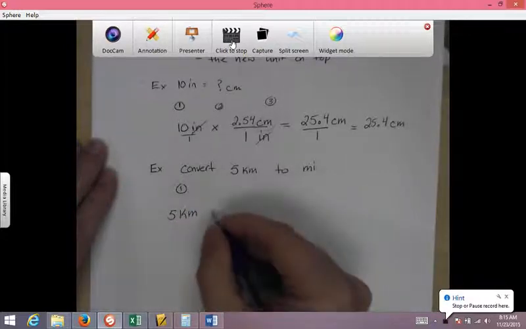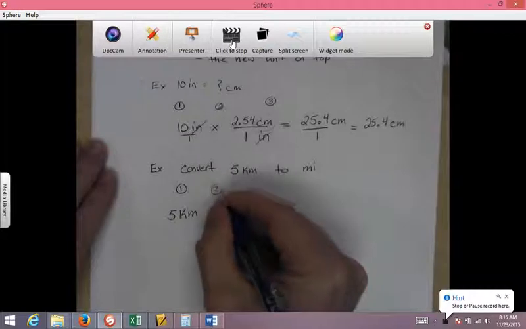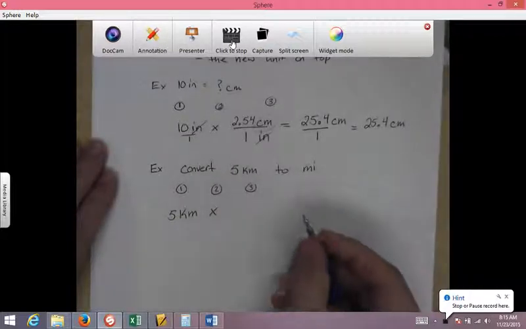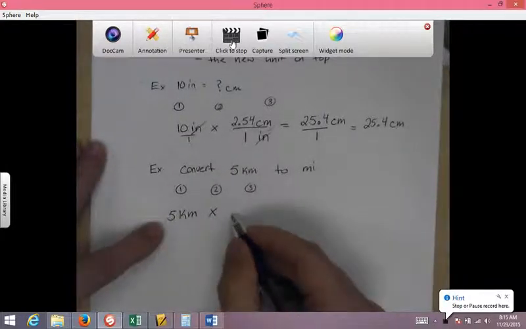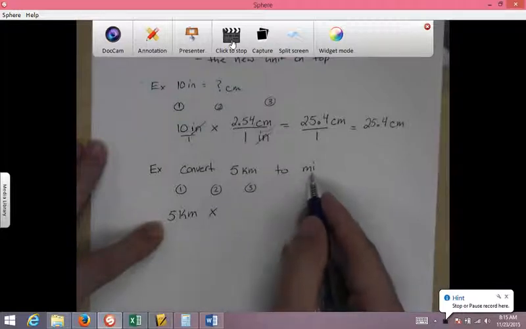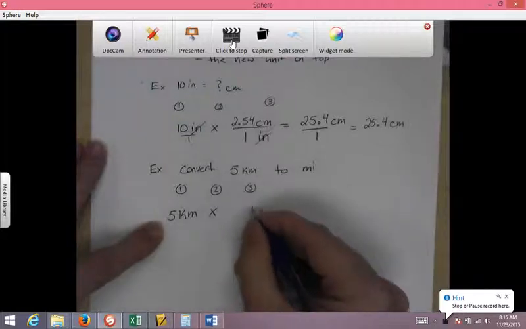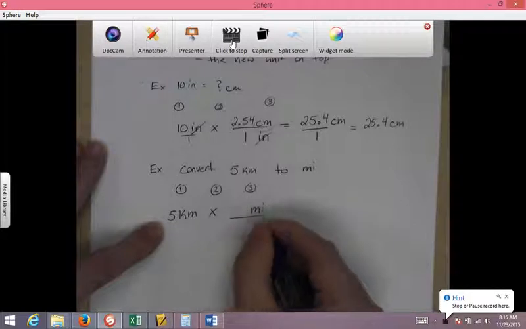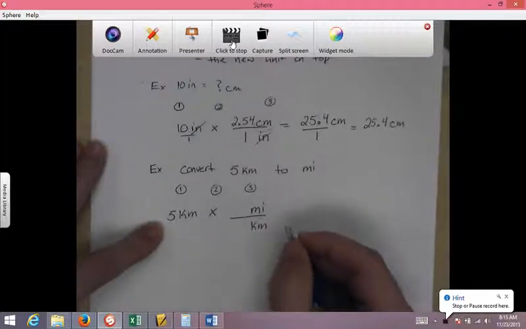Step 2 is to multiply, so there's my multiplication sign. Step 3, I write down the unit that I have on bottom and my new unit on top. The new unit is miles, that's what we're going to, so I put that on top, and the unit that I have is kilometers, I write that on bottom.